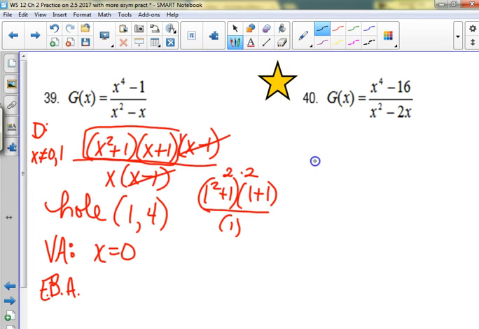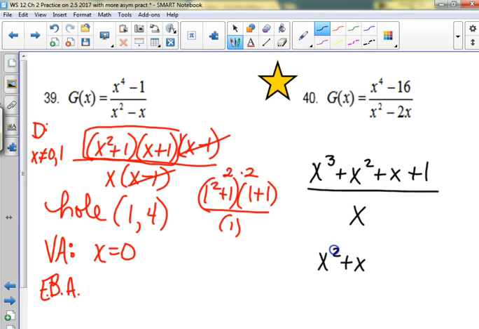If we multiply this back together, we'll get x cubed plus an x squared plus an x plus a 1. And it's all over x. So if we divide an x out, we'll get x squared plus x plus 1. And the last would be 1 over x, which would be our remainder, yes? If we divide each of those. So the end behavior is x squared plus x plus 1. In other words, this looks like a parabola.